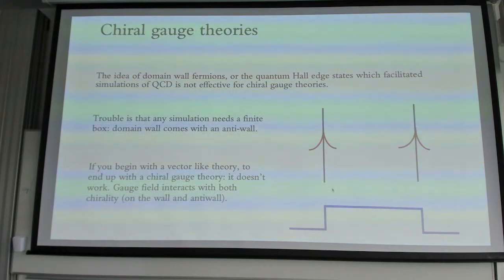But this very thing, that you're in a finite volume, is a problem if you want to simulate chiral gauge theories. Because if you start with a vector-like theory and put fermions on a finite volume, you will always have these left and right chirality fermions, and your gauge field ends up talking to both of them. So you end up with a vector-like theory, and it's very hard to make the gauge field talk to only one of the fermions, one wall and not the other. So that has been a challenge for chiral gauge theories.